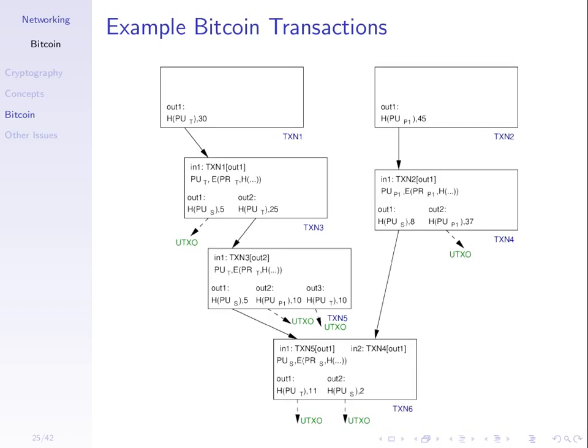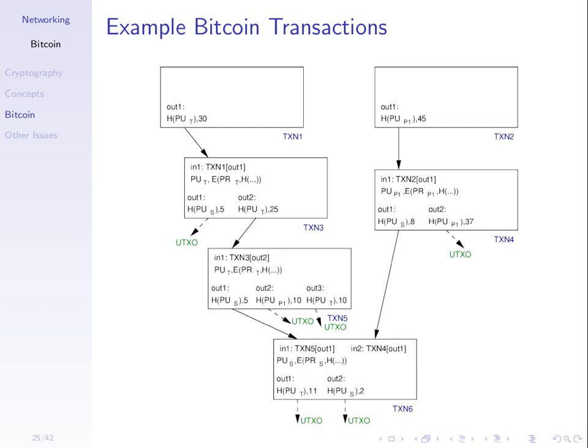So this was 30 Bitcoins to Tanarak, and I denote that as the hash of the public key, and the subscript here is T, Tanarak's public key. This transaction says that 30 Bitcoins goes to Tanarak. It's his public key, it identifies his account.